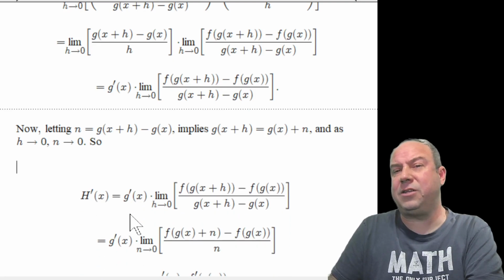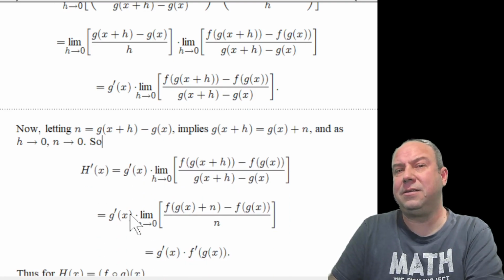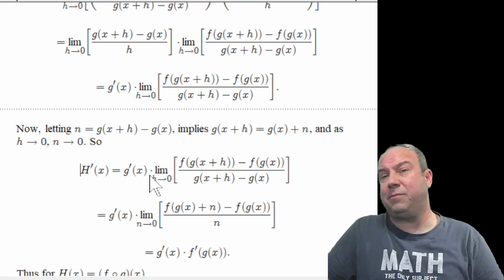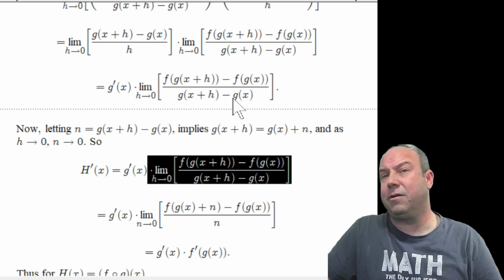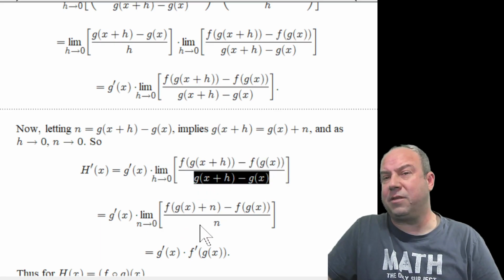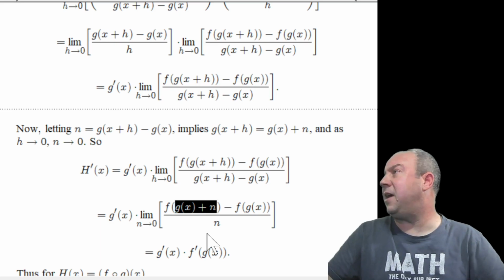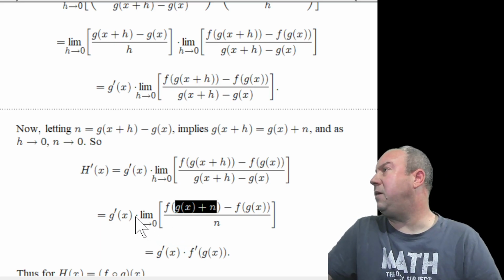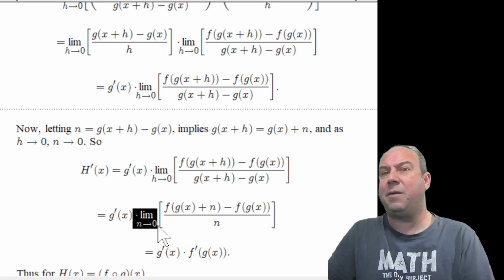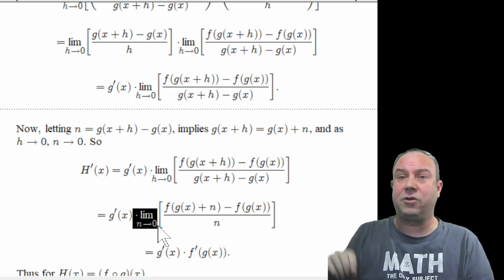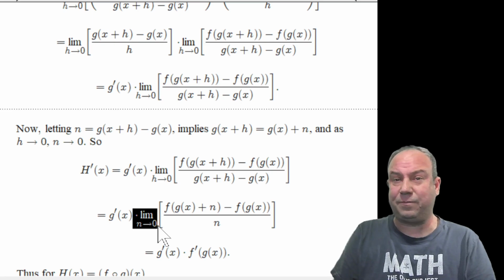So when we think about h prime of x being g prime times this limit we see above here, swapping out that denominator with the value of n and the quantity g of x plus h with the quantity g of x plus n, we can now form a limit that should be asking about n's behavior, the dependent value of the function as n changes.